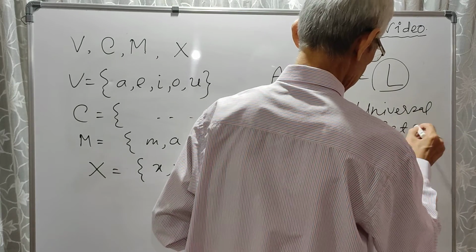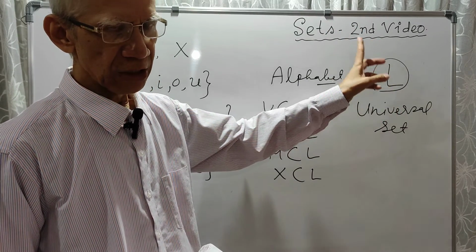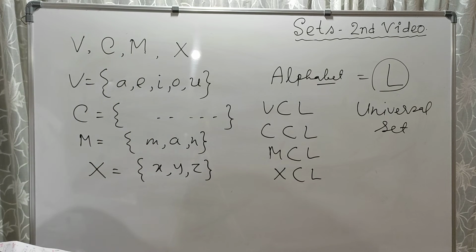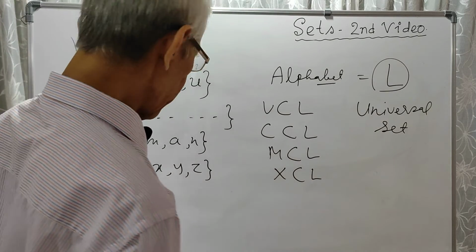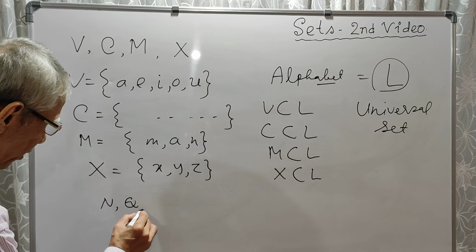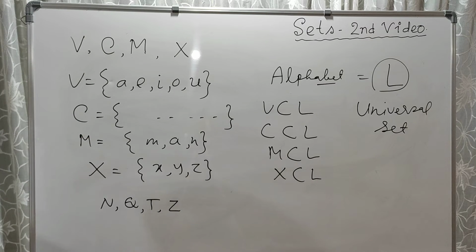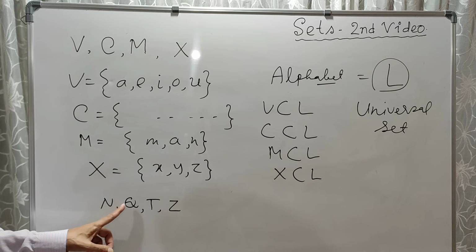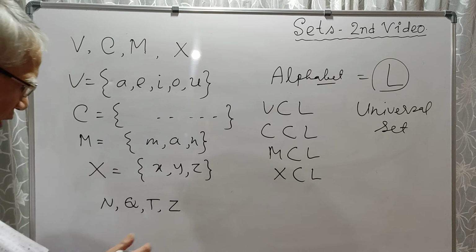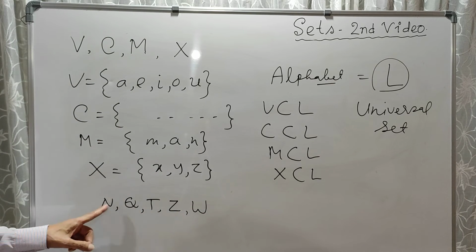Why is L called the universal set? Because it is the proper superset of all these four sets which are under discussion. Right. That way, when you are discussing the set of natural numbers, set of rational numbers, set of irrational numbers, set of integers, and set of whole numbers, now all these five sets are proper subsets.